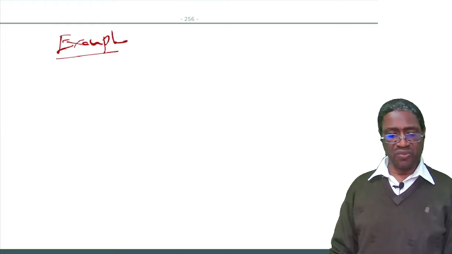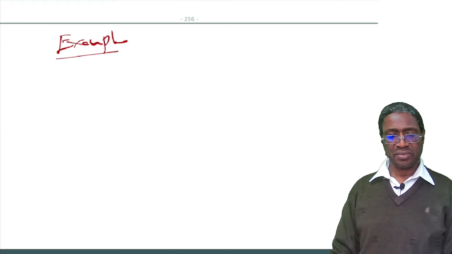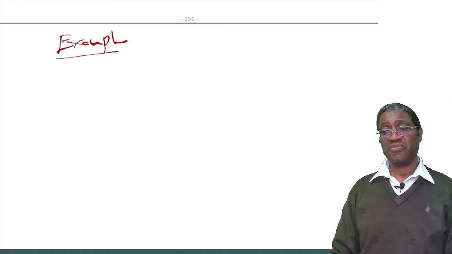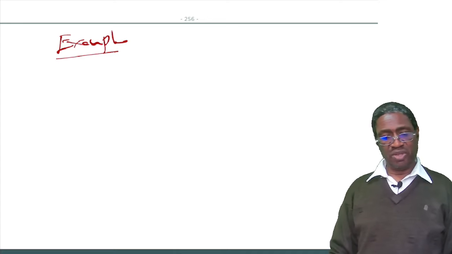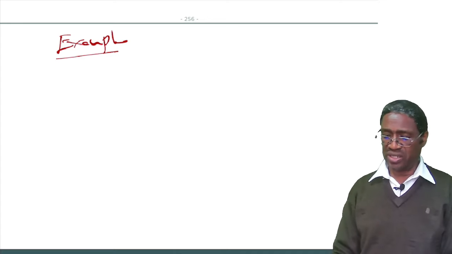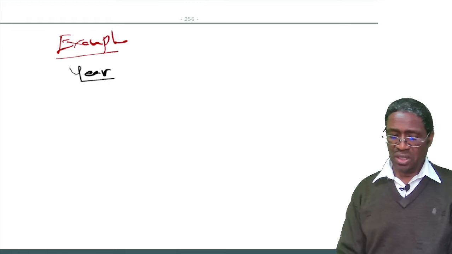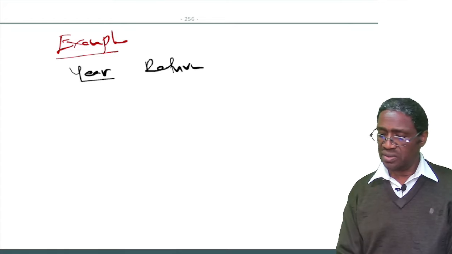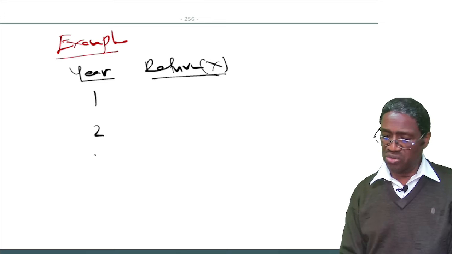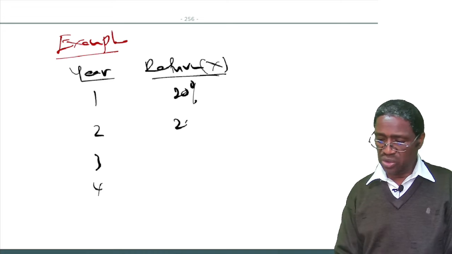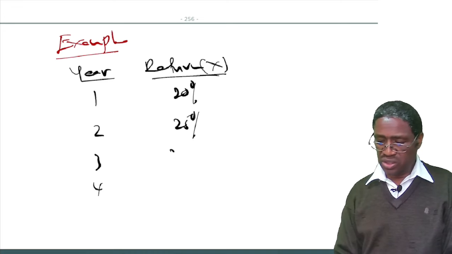Determine the average rate of return from the following returns of security X. We have the column for the year, and the returns, which we shall call X. Year 1, year 2, year 3, year 4. So put it 20%, 25%, 28%.